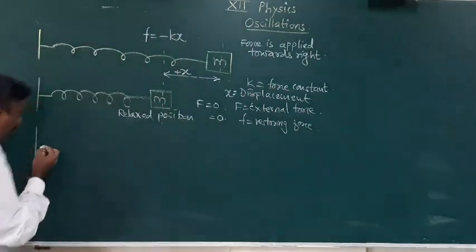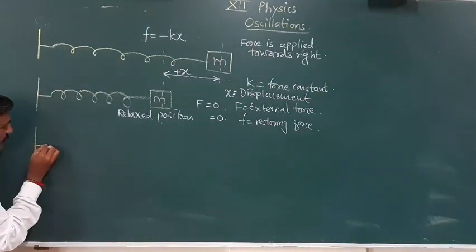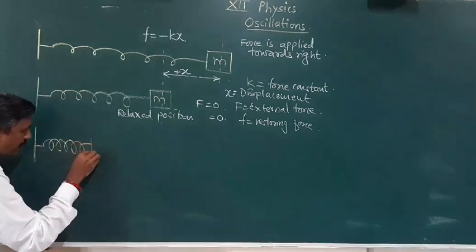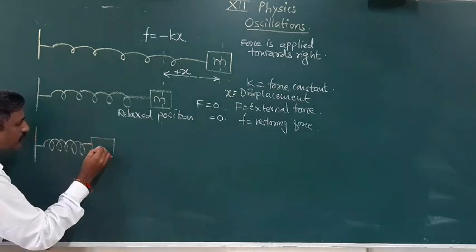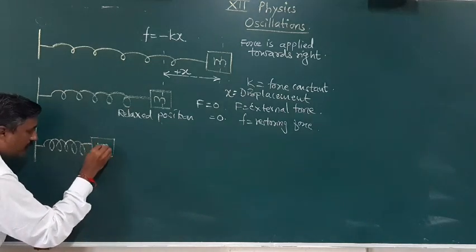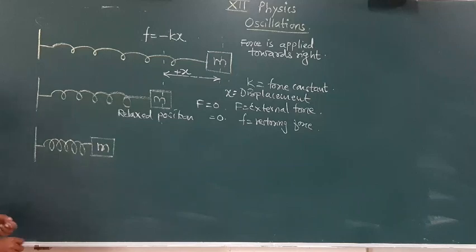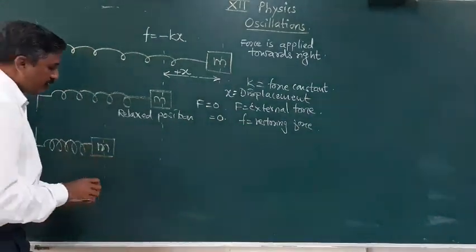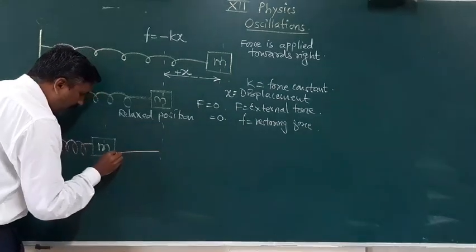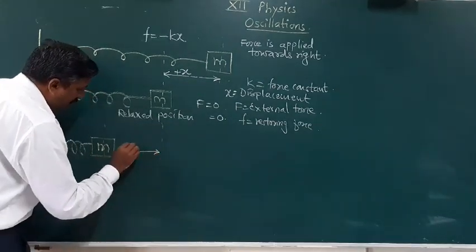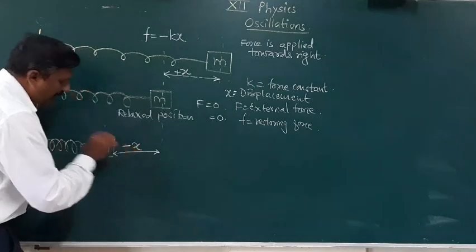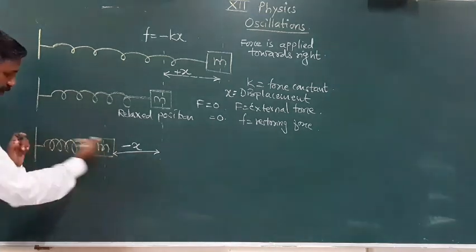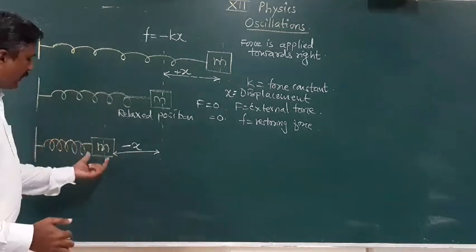Then what happens? The spring is compressed. Now, when the spring is compressed, its displacement is negative because the displacement is towards the left.